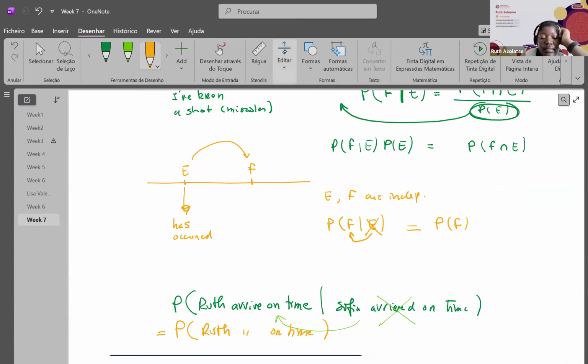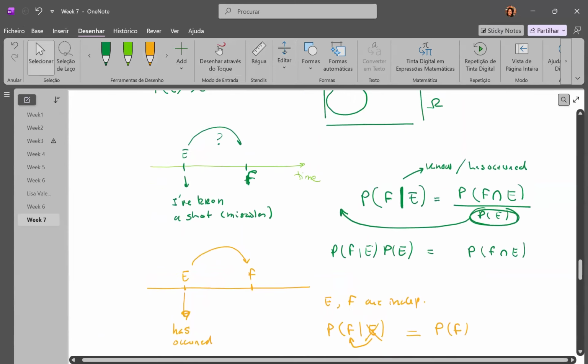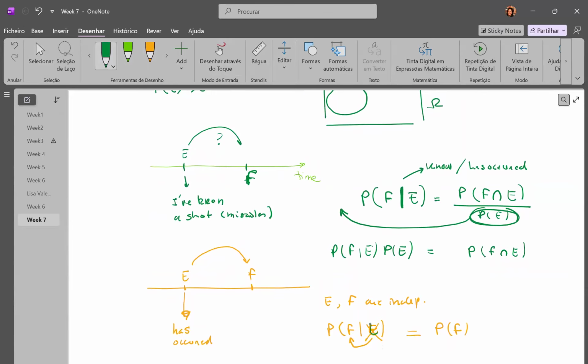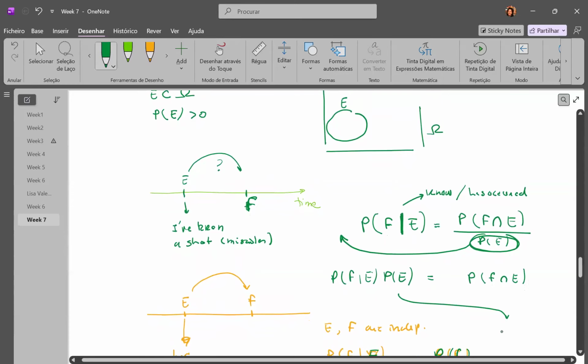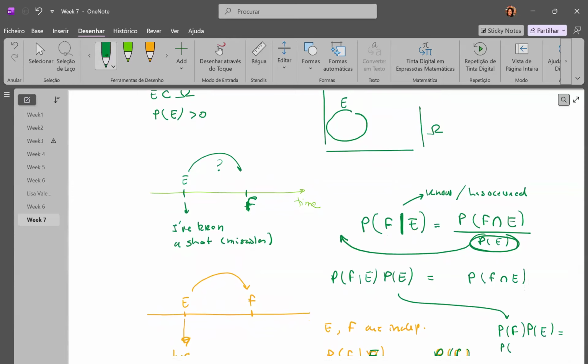So in mathematics, coming from here, we would write like this. If you have two events that are independent, the conditioned probability is simply the probability itself because they are independent. And now you use this in this expression, and if they are independent, you would get the probability of F times the probability of E is the probability of the intersection. Can you see, Ruth? Yeah.